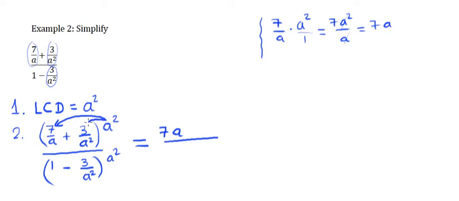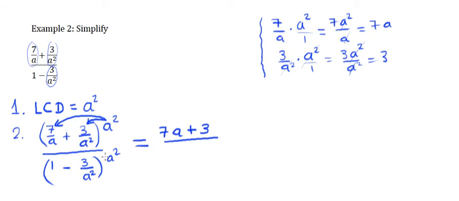Now, for the next, what is 3 over a squared multiplied by a squared? This time is easier because notice this is just 3a squared over a squared times 1. This is just the number 3, right? Or I could have just canceled this guy with this guy, 3. Okay, so this plus 3 here.